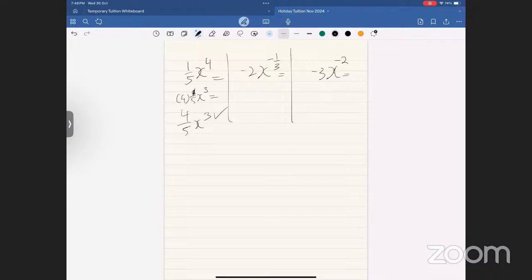Now, Nicholas, what is the answer for the second one? It's negative 1/3 times negative 2x to the power of negative 4/3.